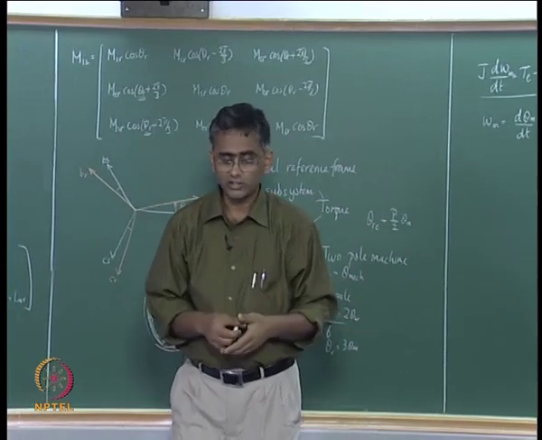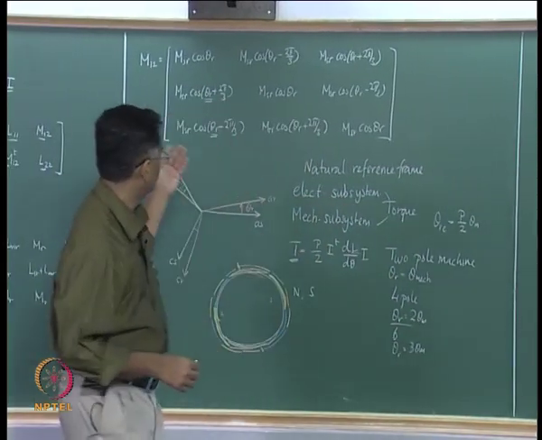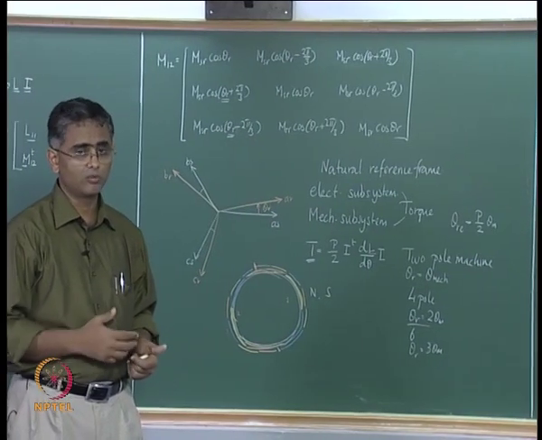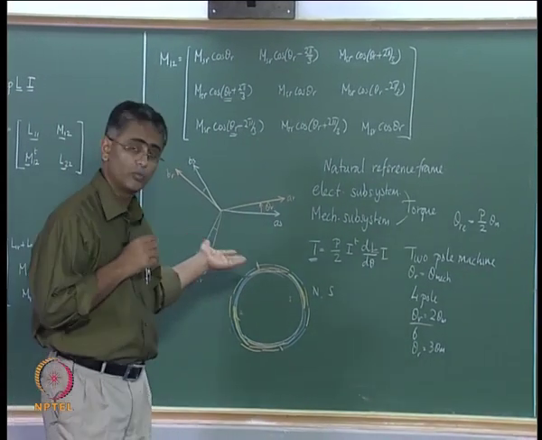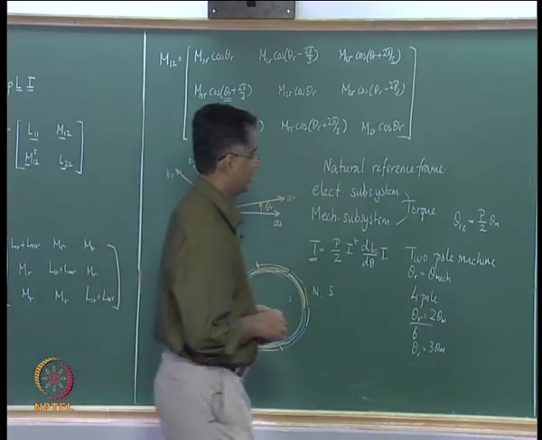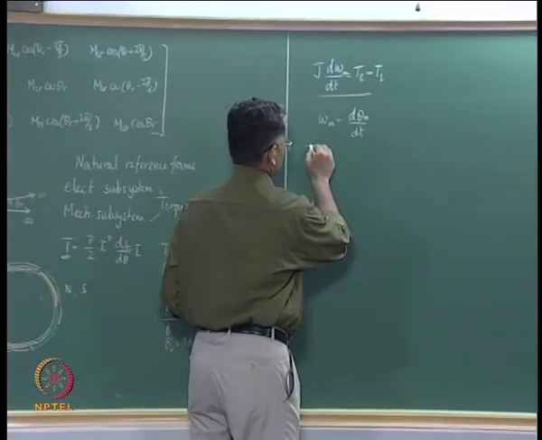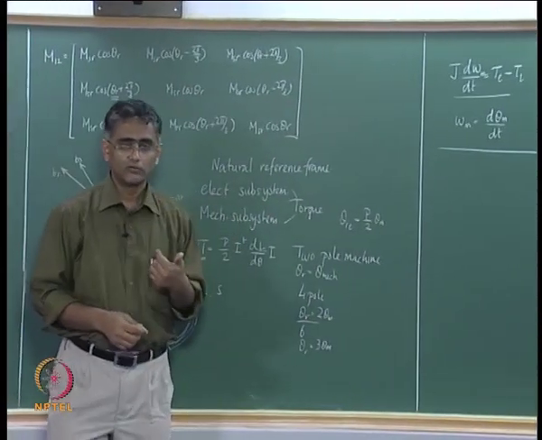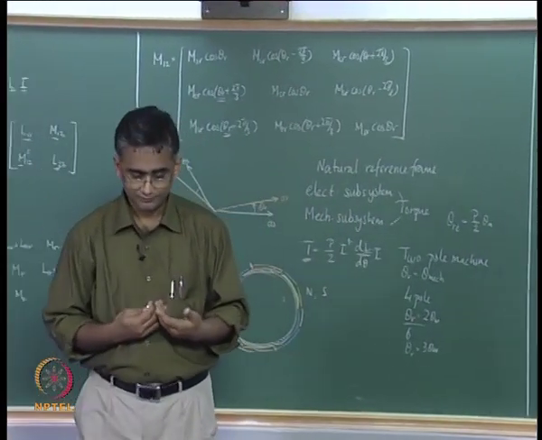So if one takes care to do that, then the description that we have now holds good for a machine with any number of poles. Appropriately it could be taken care of. So this is the natural reference frame description for the induction machine.